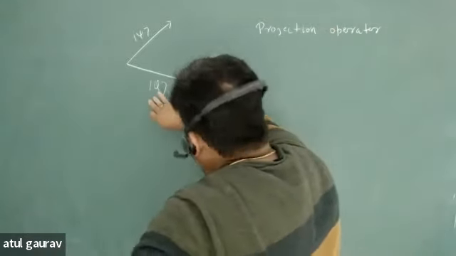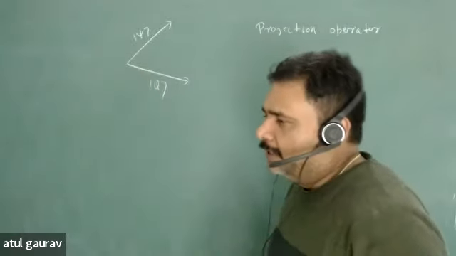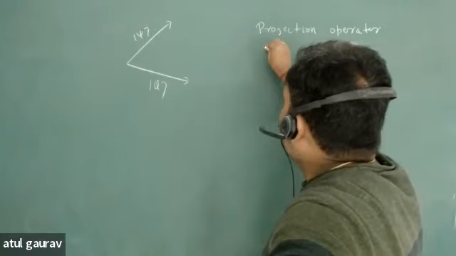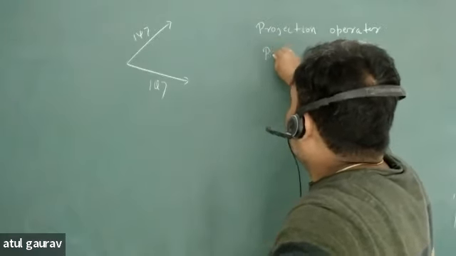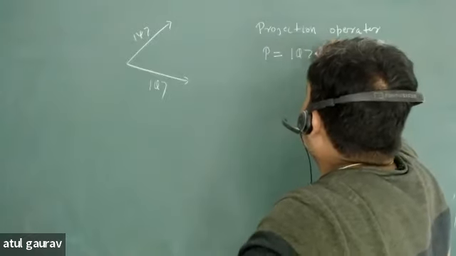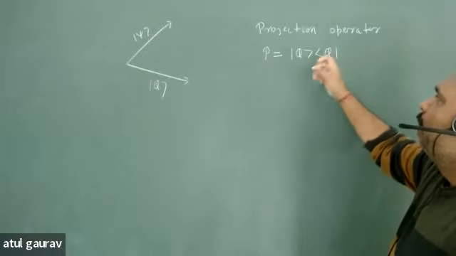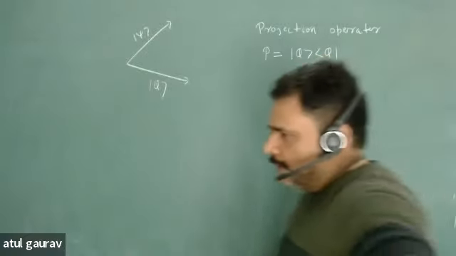We will make sure that this phi is normalized in nature. So we have the projector operator P, which is defined as |phi><phi|. This is your projector operator.